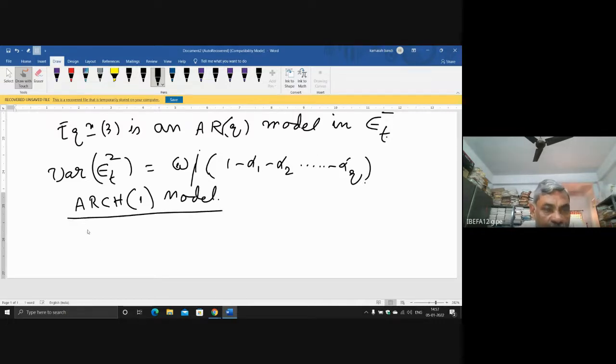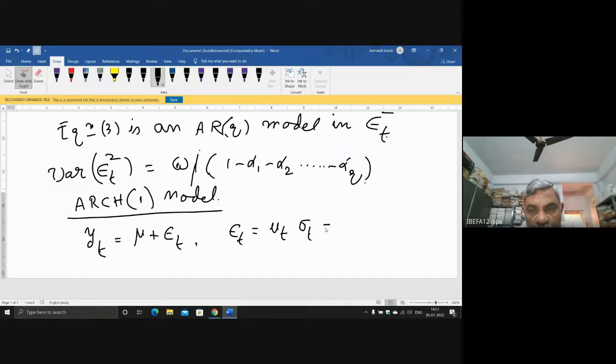So as usual, we write yt equals mu plus epsilon t. And what is epsilon t? Epsilon t is nothing but ut multiplied by sigma t. And what is sigma t?